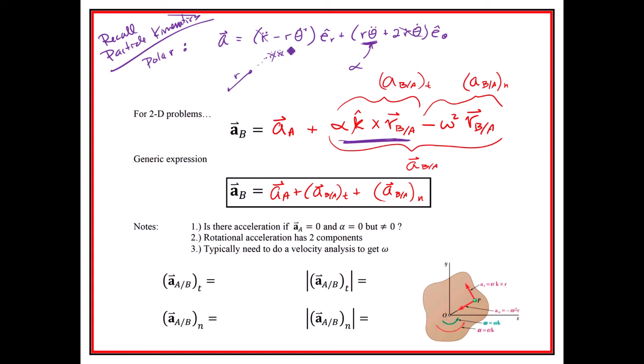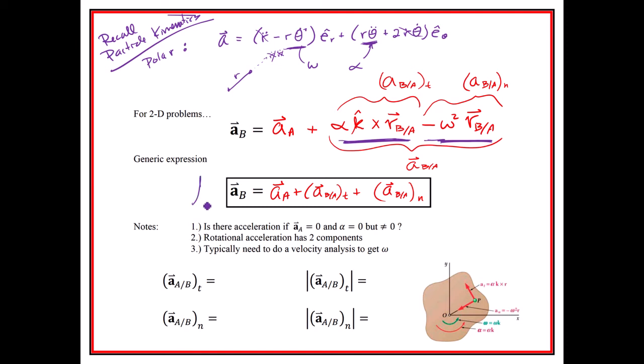And then remember over here, we have R theta dot squared. Well, look right here. We have R omega squared. Remember, theta dot is the same thing as omega. And you notice they have that minus sign right in there. So these things are connected. They're just written slightly different.